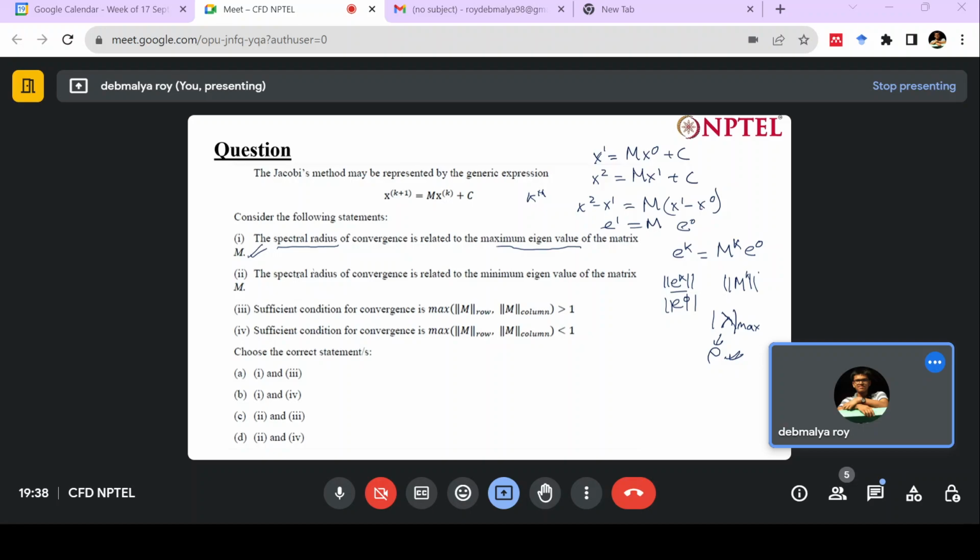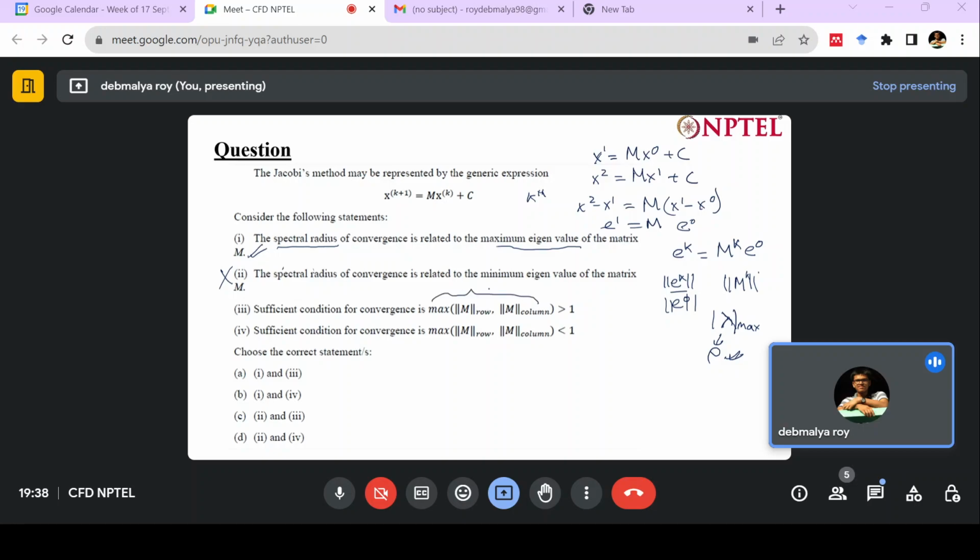Second statement: the spectral radius of convergence is related to the minimum eigenvalue. This is not true. It is related to the maximum eigenvalue. The sufficient condition for convergence is this being greater than 1. What is this?